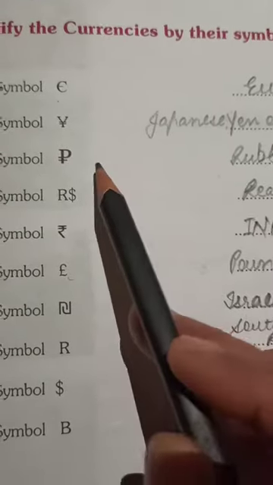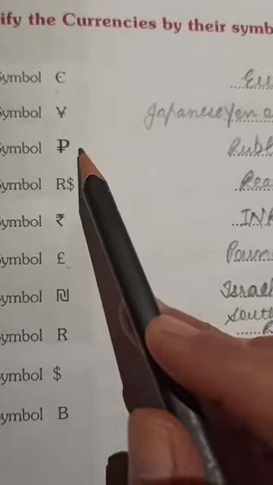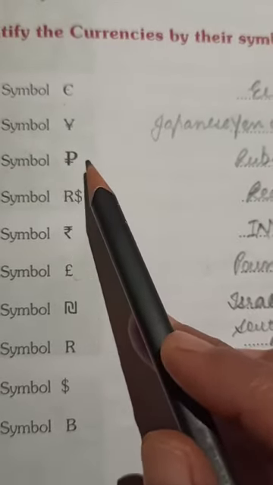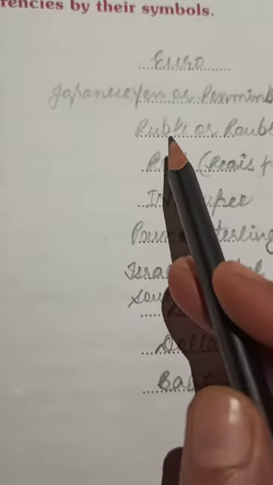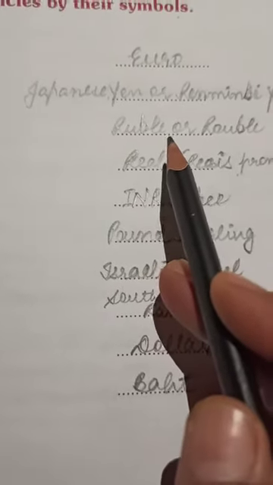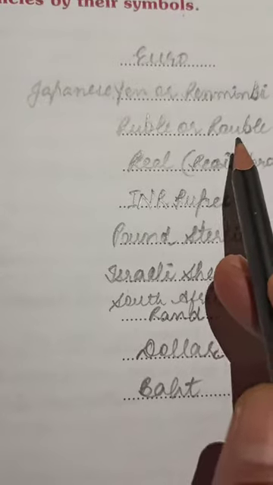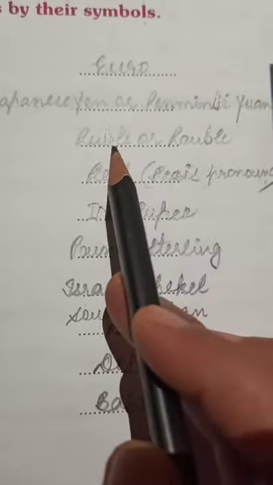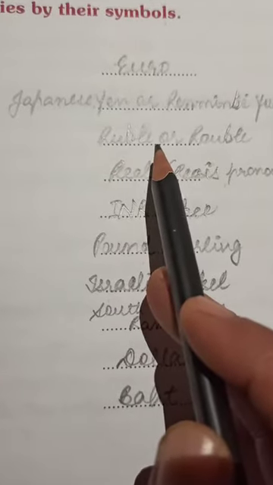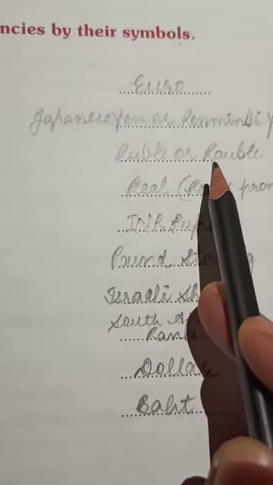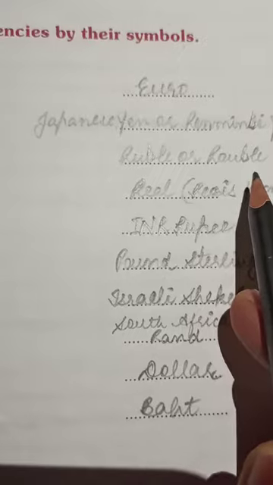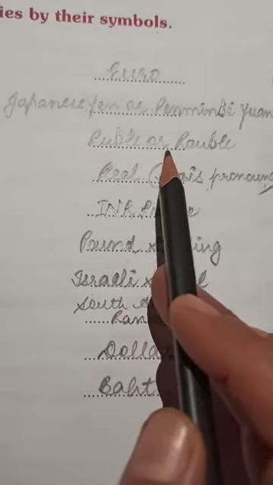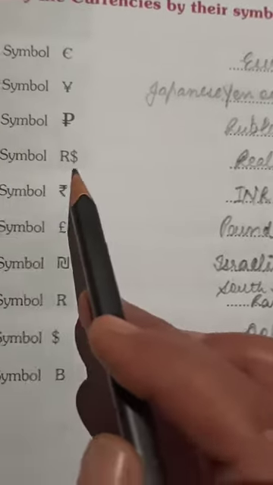Okay, and third symbol is this one, P, and below that P one line is there. So it is meant for ruble, and here two spellings are used. One is RUBLE and second is ROUBLE. Okay, but pronunciation of both the words is ruble only.